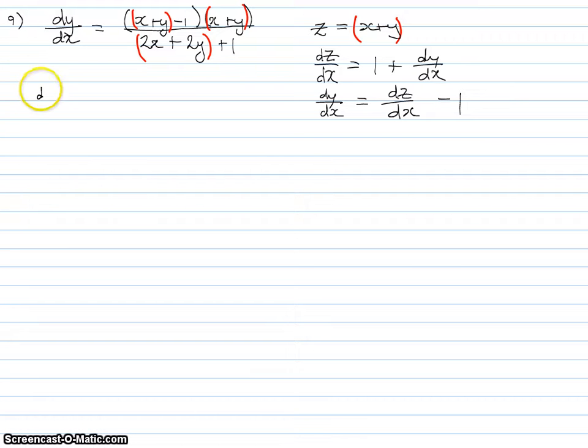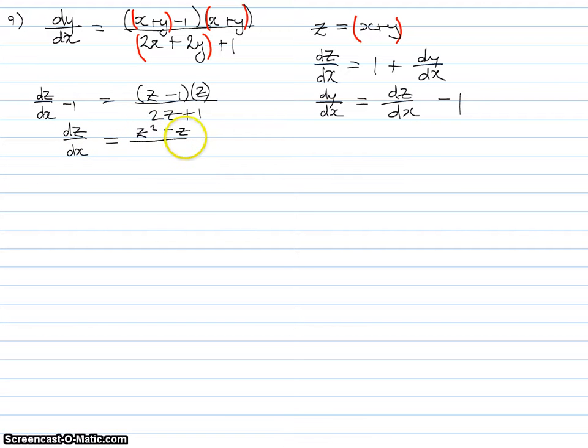So this is good to know. It means I can say dz by dx minus 1 is equal to (z minus 1) times z over 2z plus 1. So dz by dx is equal to (z squared minus z) over (2z plus 1), plus 1. But again, like with my previous examples, I don't want a plus 1 here because it's not much use to me.